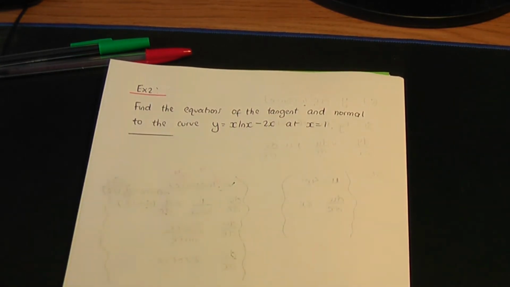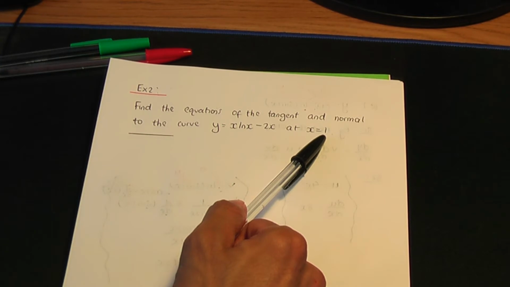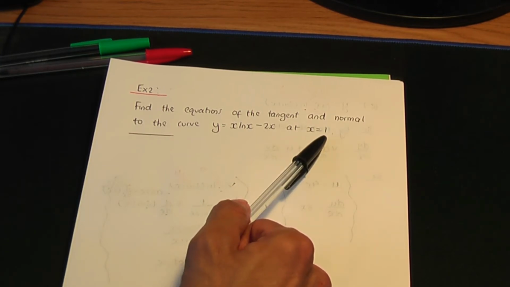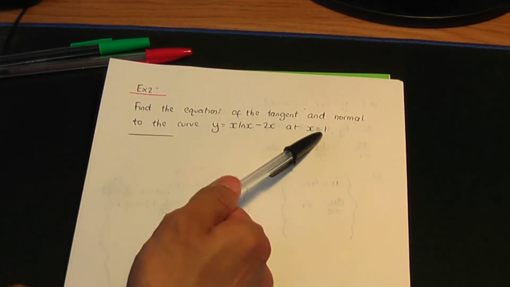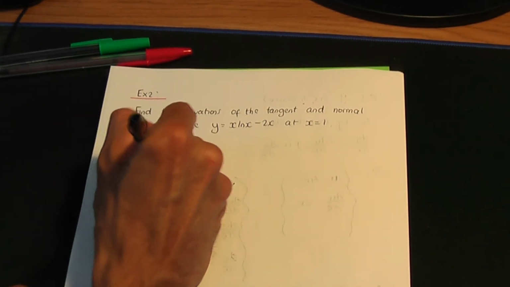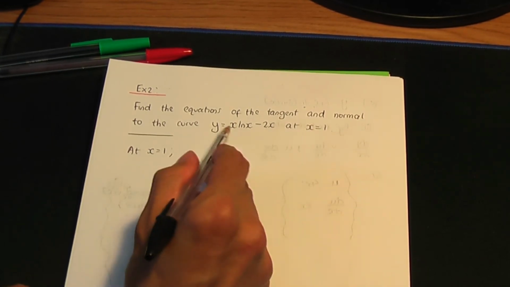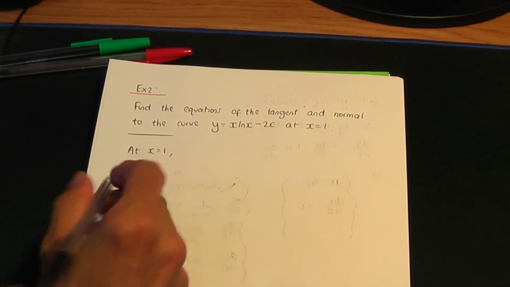So remember, for the tangent and normal, we also need the y coordinate. So we just have the x coordinate here. We need the y coordinate firstly. So first and foremost, let me calculate that y coordinate. So at x equals 1, let me substitute x equals 1 into the equation.